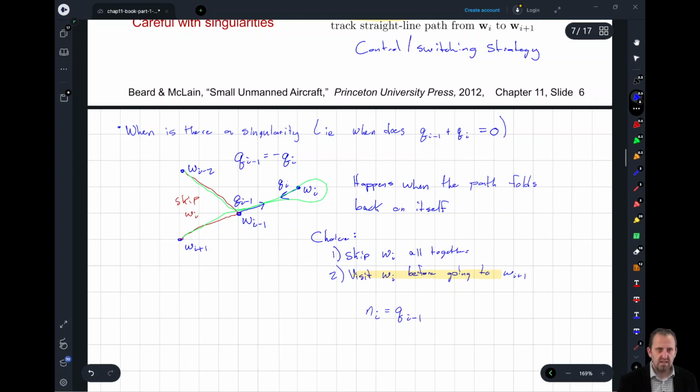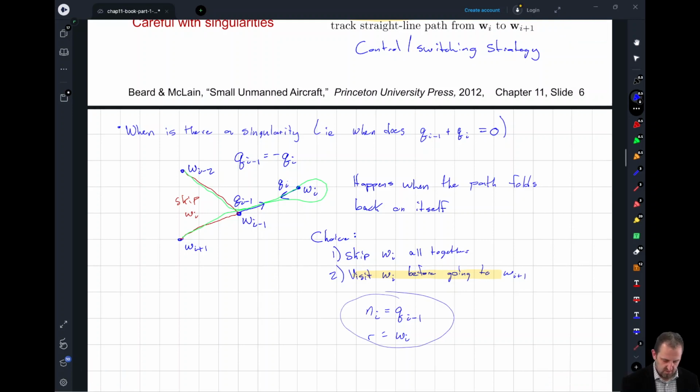So we're just going to keep going in that direction. And we'll let the point r be equal to wi. So we'll just keep going in that direction. If we draw an orange, this is where our normal vector will be. Okay, and so we don't switch until we're past that wi.